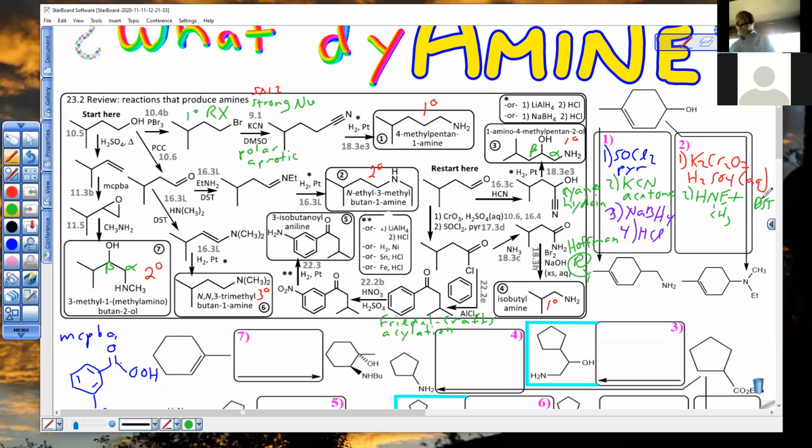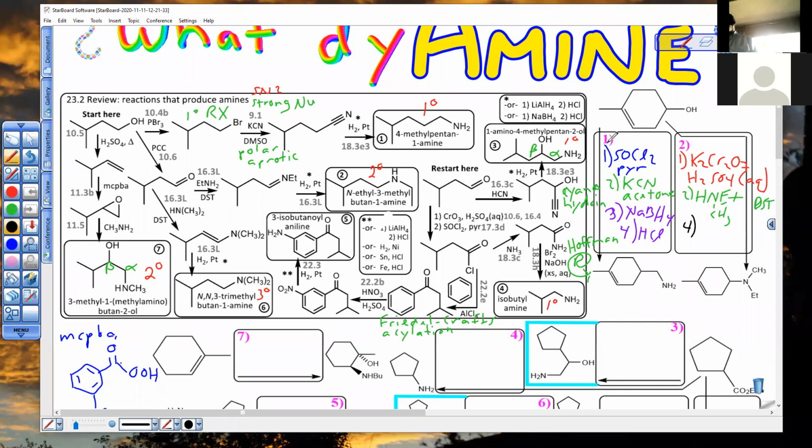So now you're at the enamine stage, and you need to reduce it. And we said we wanted to try the lithium aluminum hydride reduction this time. Well, I do want to point out that H2 and Pt is a bad option both here and previously. If we used H2 and Pt, what would happen to this here? Uh-oh, we'd reduce that.